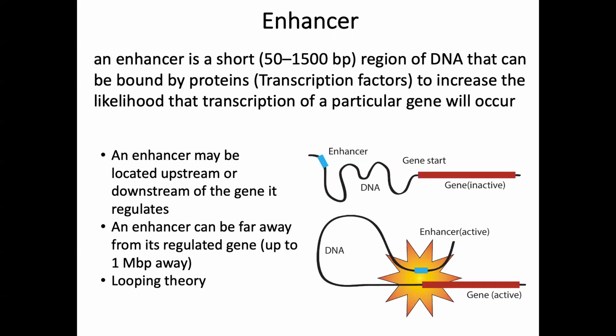Although there are different hypotheses on the precise function of enhancers in transcription, it is generally accepted that the enhancer forms a loop to the promoter region and activates transcription. We call this the looping theory.